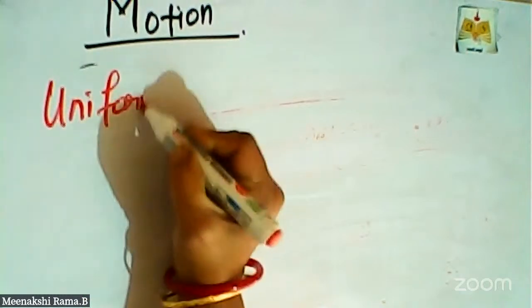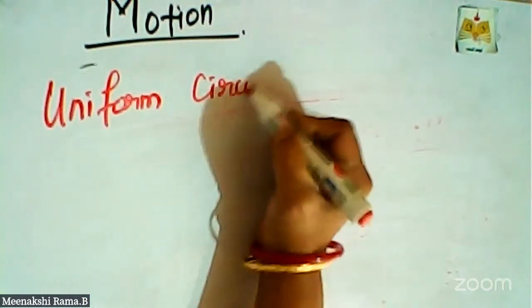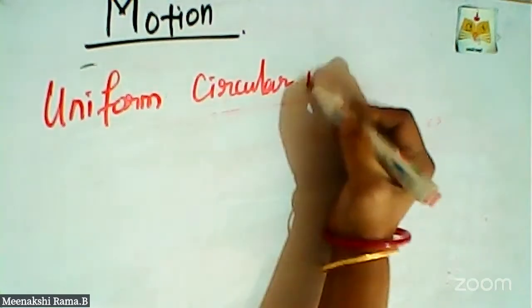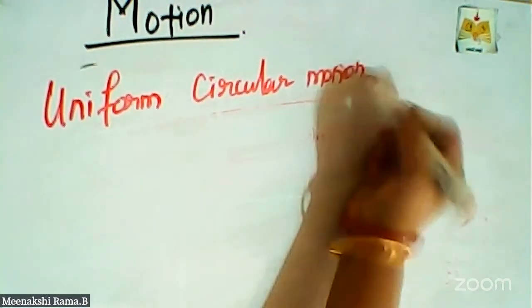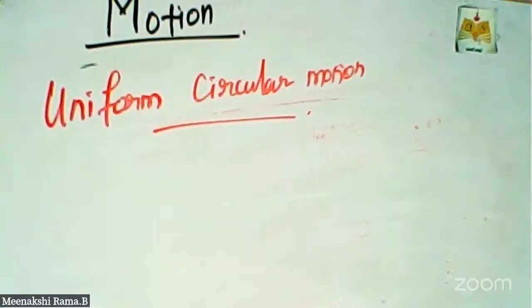There are different kinds of motions: linear motion, circular motion, like that. This is uniform circular motion. In this case, one stone is moved by a rope.